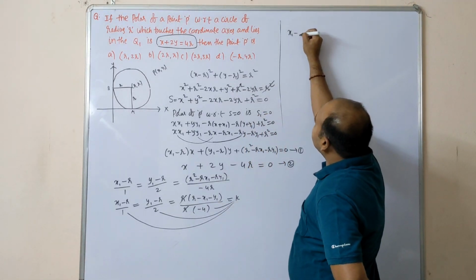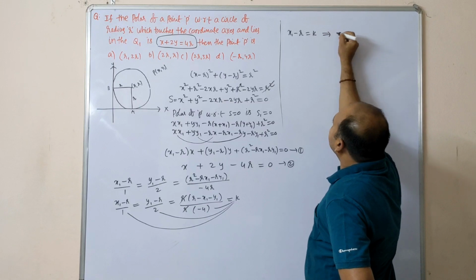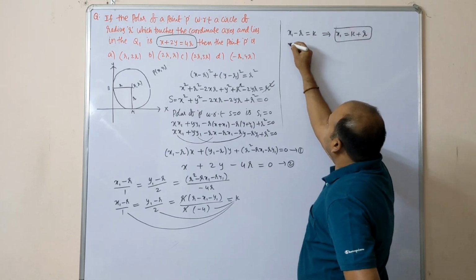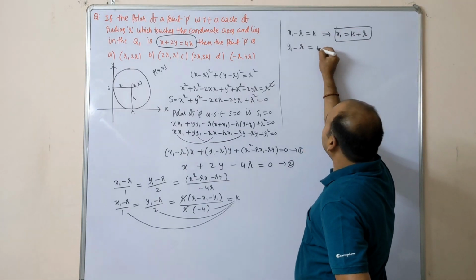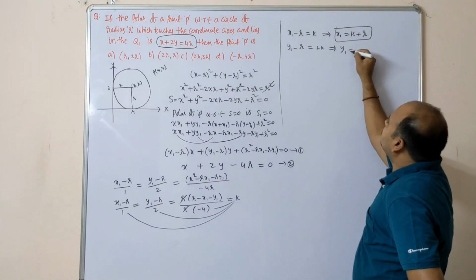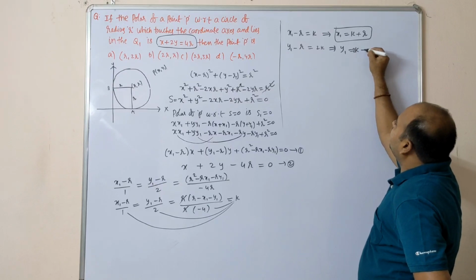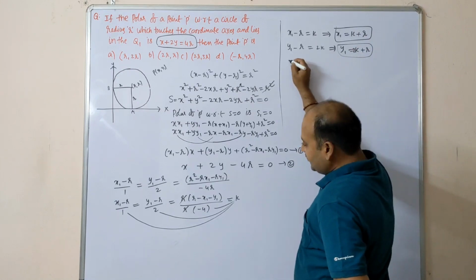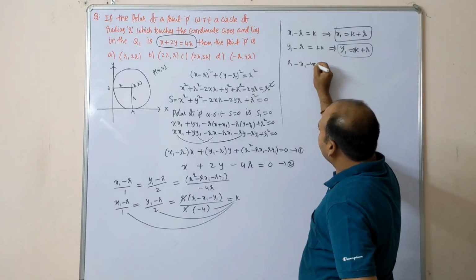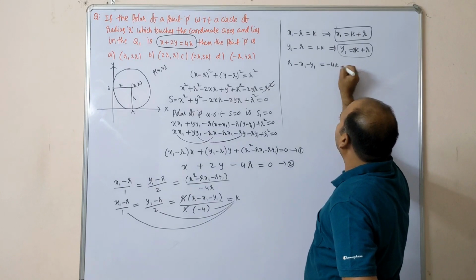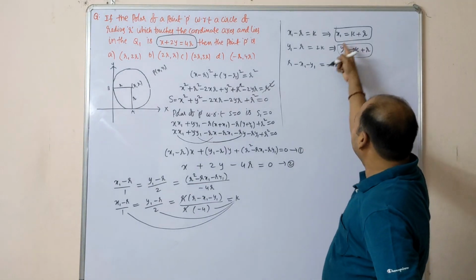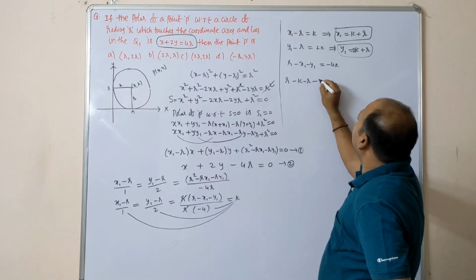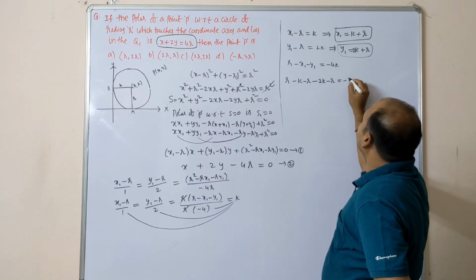So x1 minus r is equal to k, that implies x1 is equal to k plus r. Next y1 minus r is equal to 2k, y1 is equal to 2k plus r. Next r minus x1 minus y1 is equal to minus 4k. x1, y1 values substitute here: r minus k minus r minus 2k minus r is equal to minus 4k.